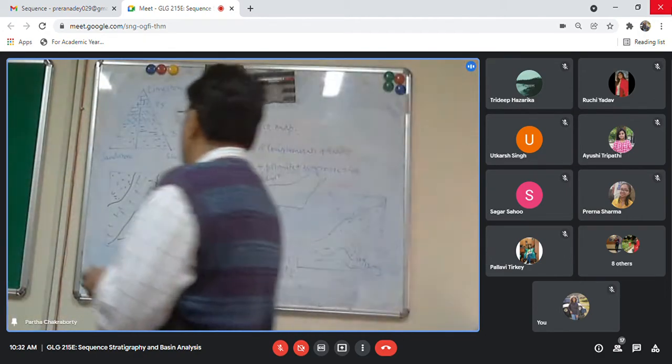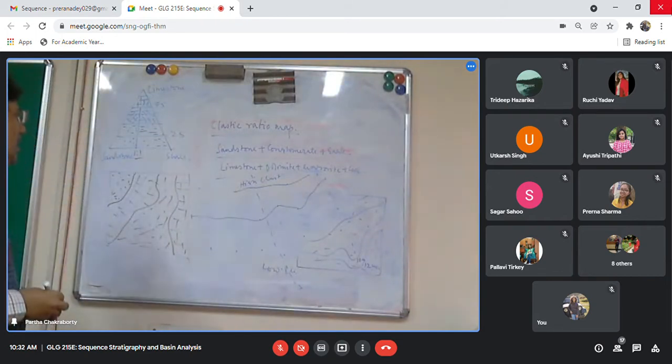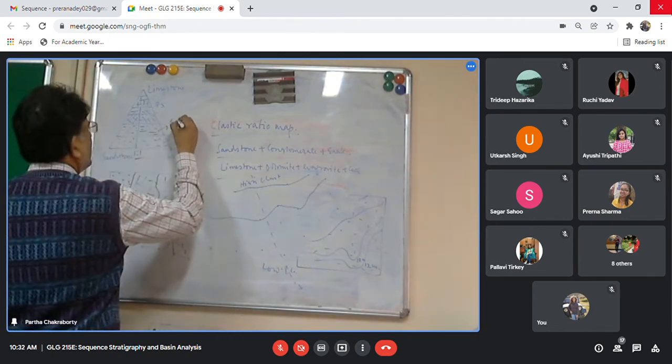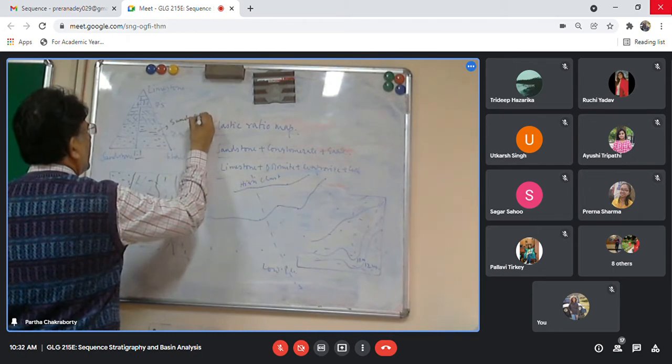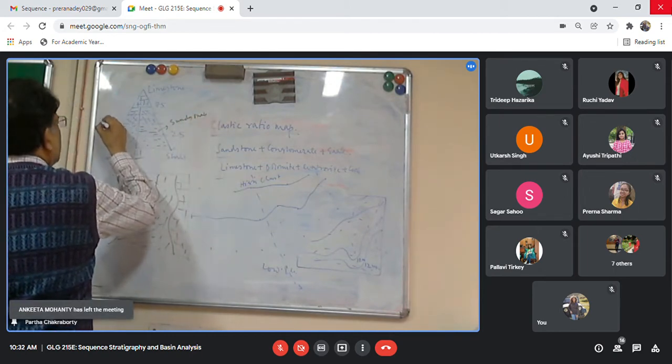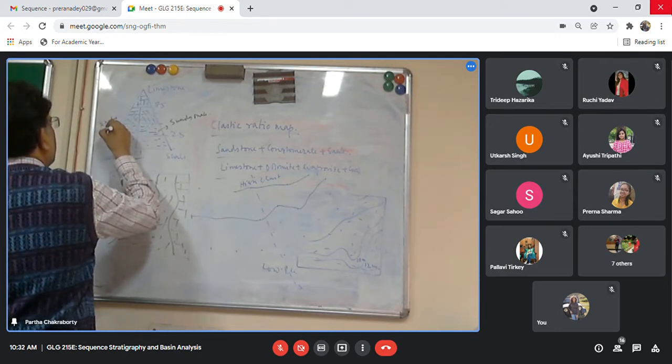This may be where sandstone to shale is 1:1. So you can have a sandy shale, that is shaly sandstone.